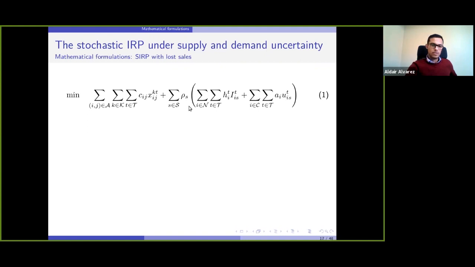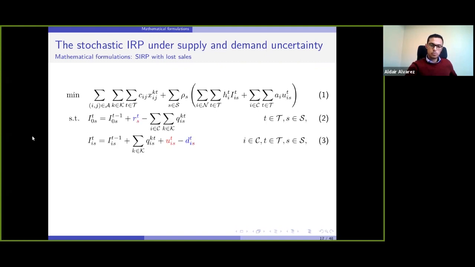So this is the weight of every scenario. We have inventory balance constraints for both the supplier and the customers. Remember that we have the supply for the supplier in every time period under each scenario, and for the customers the given demand for the scenario and the lost sales variable. This is the recourse that we use in the second stage.